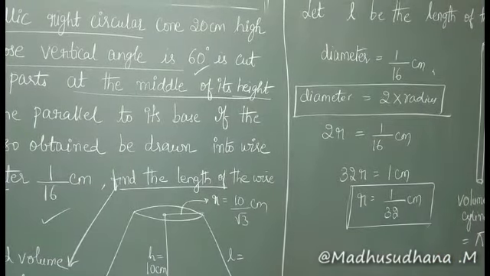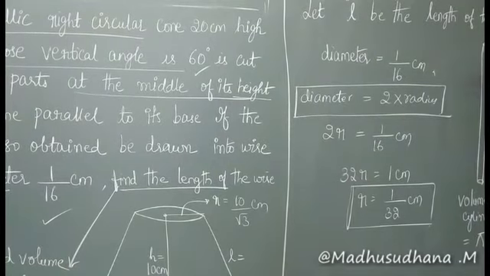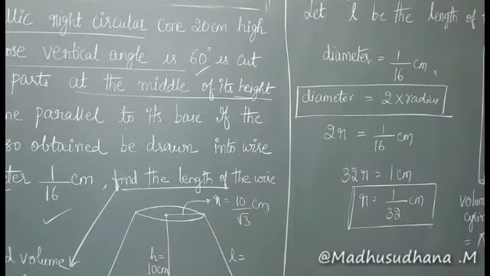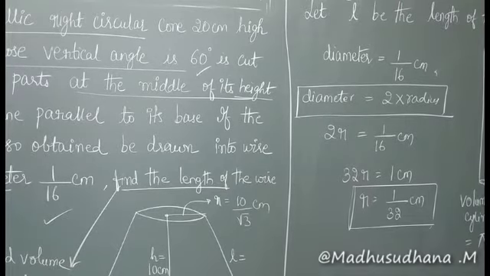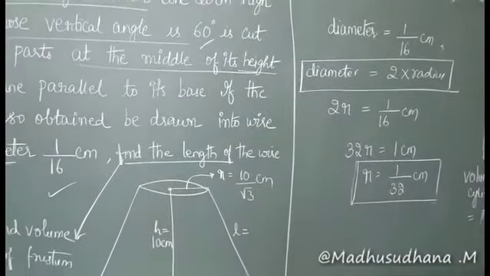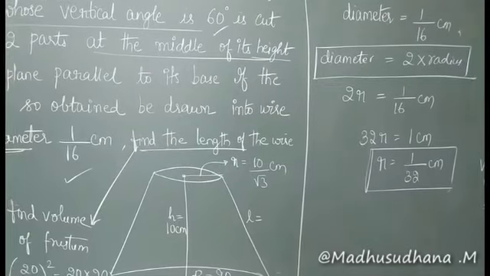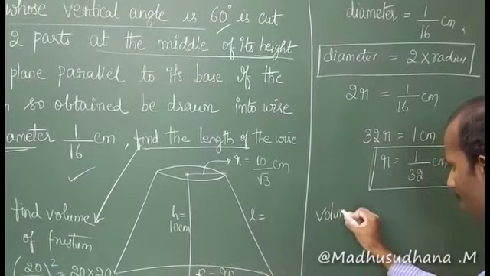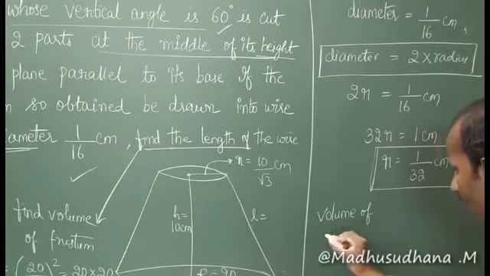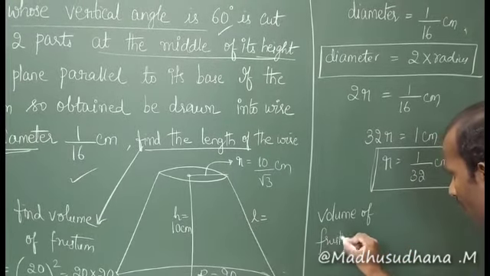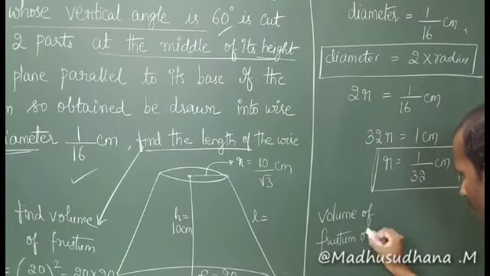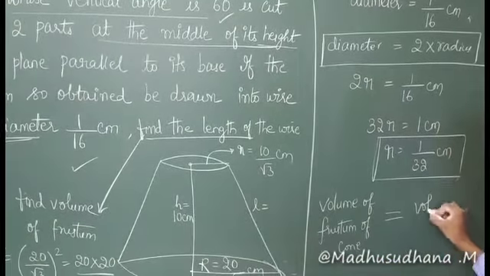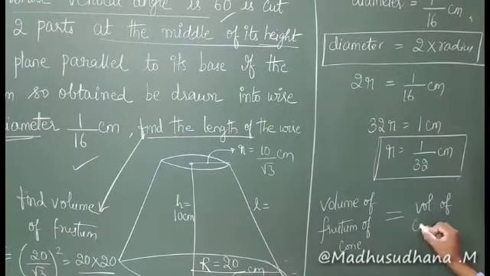So what is the length of the wire now? Length in the sense, I can take pi r square h. This is the volume, right? I can equate the volume of the frustum with the volume of the cylinder. Volume of the frustum of the cone is the same as the volume of the cylindrical wire.